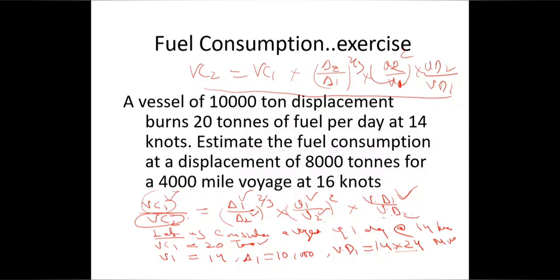So I can straight away calculate VC2, and again it depends upon whichever you find better. It is not that one is good and the other is bad; both give the same answer.